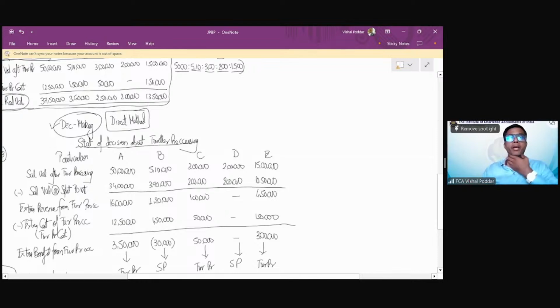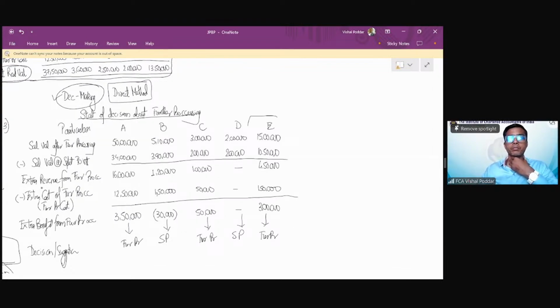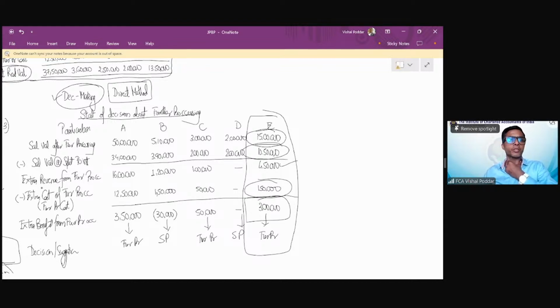Let us say this is that grease. So it is like a product only. So find out the sale value after further processing. Reduce the sales value at split off. You'll get how much extra revenue you'll get if you further process. Then from this, deduct that extra cost which is required for further processing, which is the further processing cost. If this difference is positive, your answer is, boss, I will further process, make it Vaseline and sell.